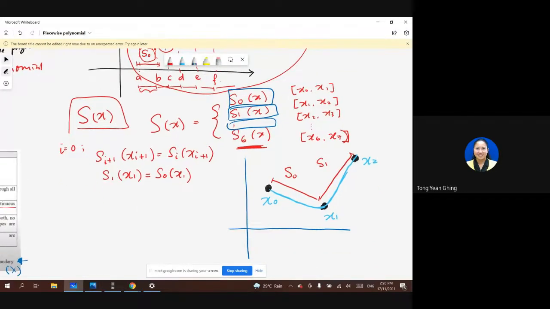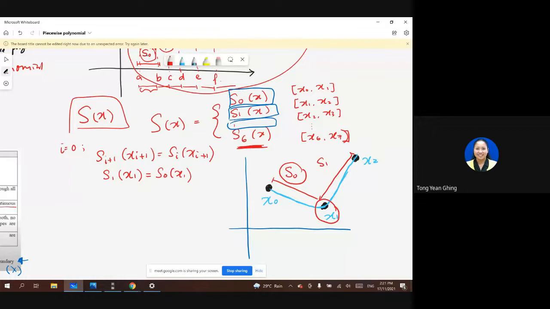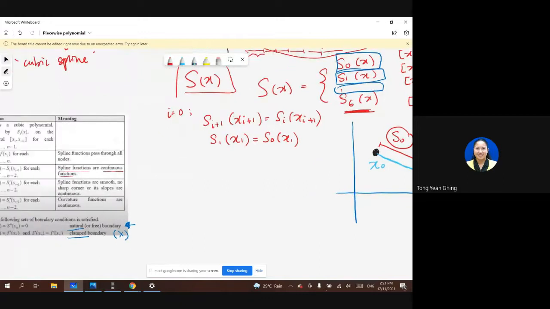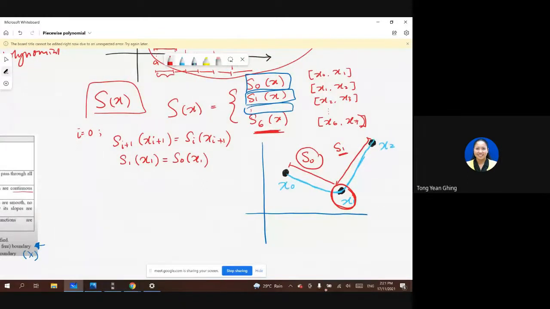Apabila saya gantikan this equation dengan x1, dia mesti sama dengan equation yang, saya guna equation S1, tapi saya gantikan nilai yang ni. Dia mesti sama. Kalau sama, maksudnya dia barulah sambung. Ada penyambungan kat sini, at this point. Okay? So it has to be same.